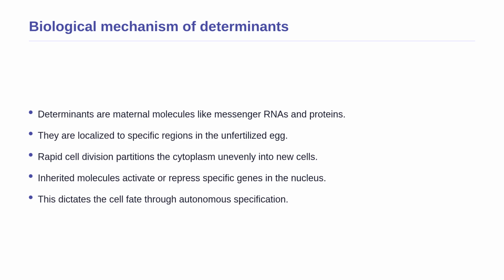Instead, it is partitioned into new, smaller cells called blastomeres. Because these determinants were unevenly distributed in the original egg, the newly formed cells inherit different types and amounts of these molecules. These inherited molecules act as powerful signals that activate or repress specific genes within the nucleus, dictating whether the cell becomes a muscle, nerve, or skin cell.